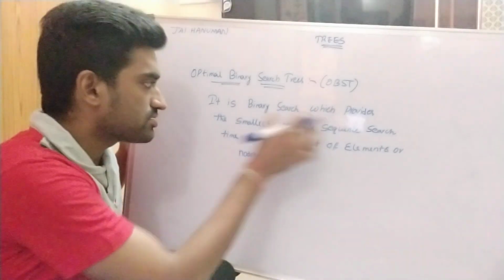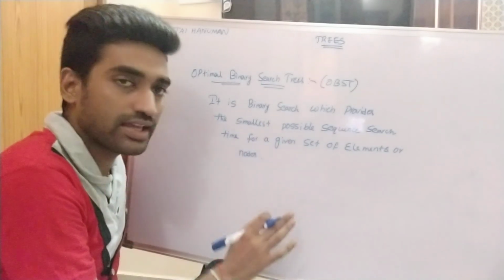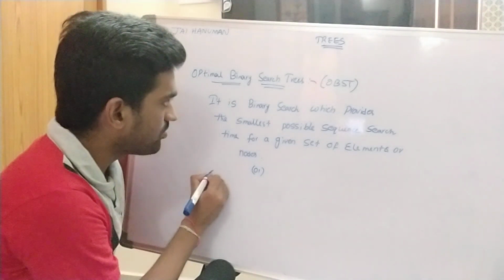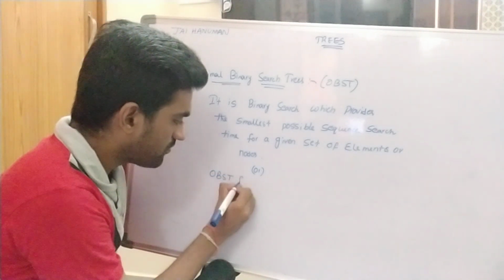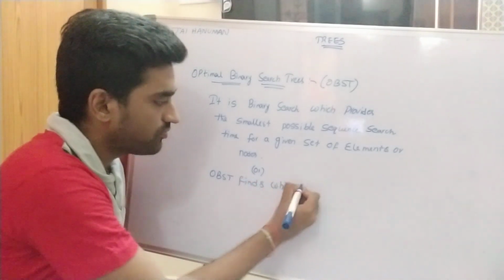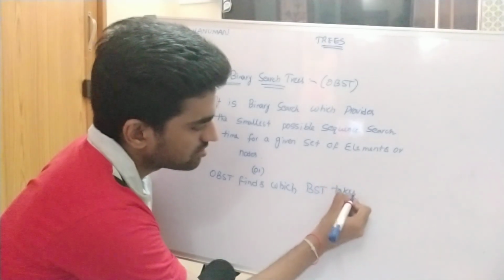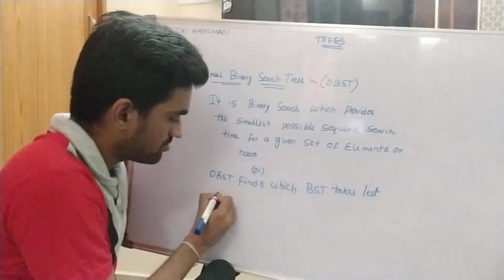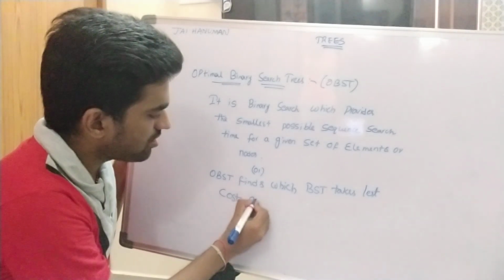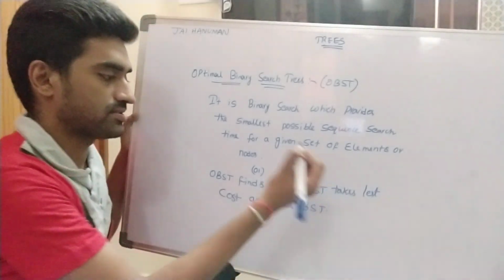Simply put, an optimal binary search tree finds which binary search tree takes less cost among all binary search trees.